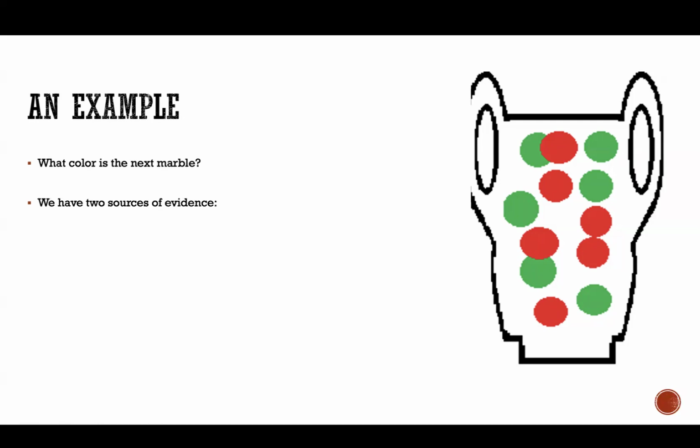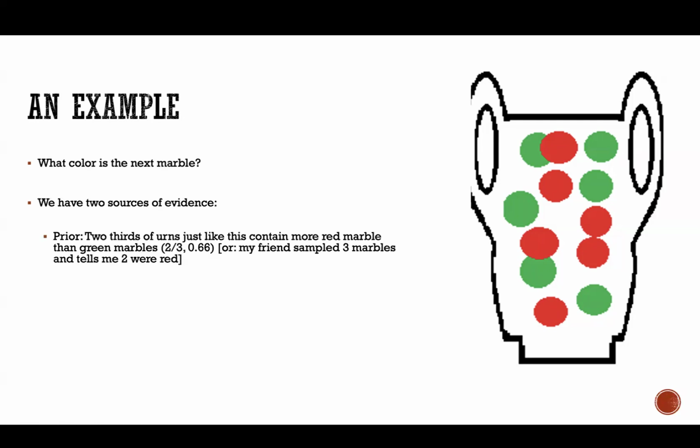So we can have two sources of evidence, right? We have a prior, right? We can know that 2/3 of urns just like this contain more red marbles than green marbles. Or, my friend sampled 3 marbles and tells me that 2 are red, right? It doesn't really matter the source. We can actually have this prior information there.